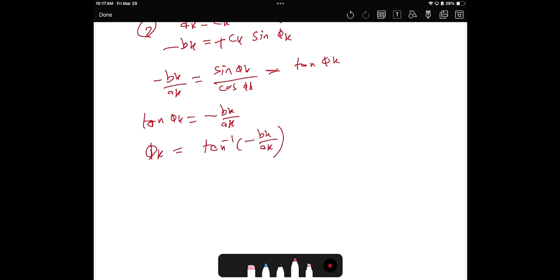But for the tan inverse, there are some conditions. Is it tan inverse of a positive number or of a negative number? This depends on the sign of a_k. How?